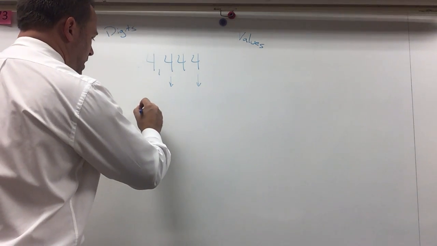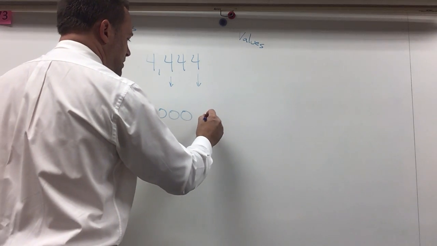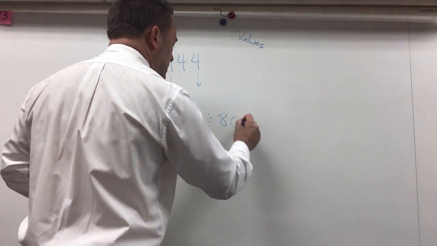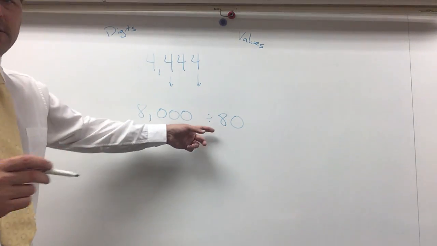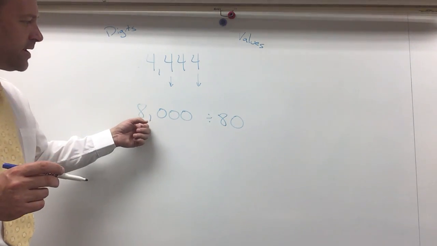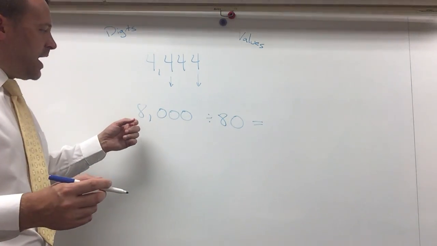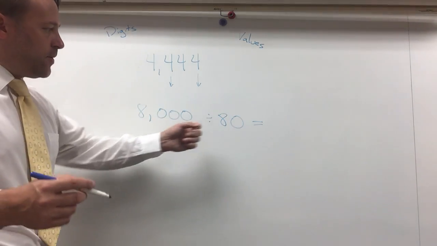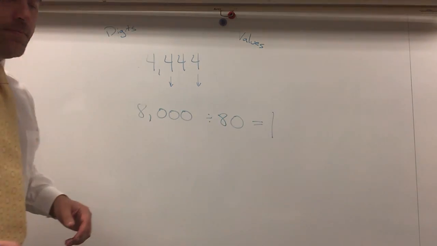Let's try it with 8,000 divided by 80. So say I pull an 8,000 out and an 80 out. And I want to know how many times greater 8,000 is than 80. Well, I'll divide by 8. So how many times does 8 go into 8? Just like last time, goes in once, right?